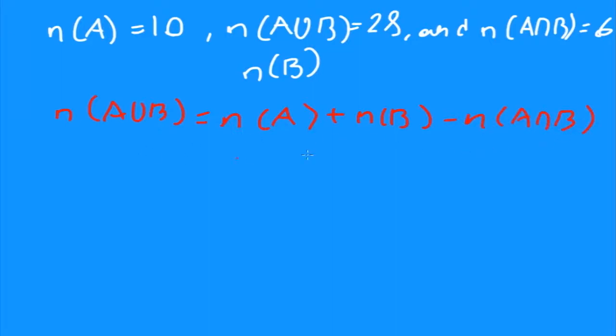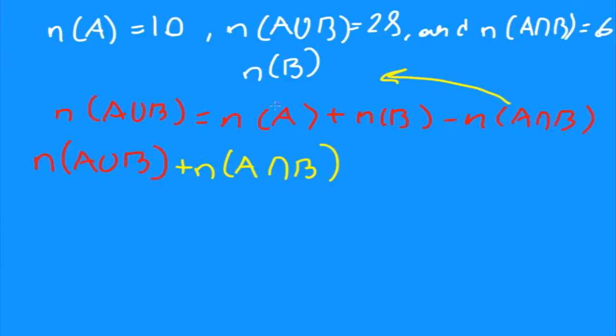There you go. So we know that we have to use that one, and we want to get B by itself. So what are we going to do? We're just going to move everything else to the other side. So this is going to turn into n(A ∪ B), and then we move this one over to the other side, and that would turn into plus n(A ∩ B).